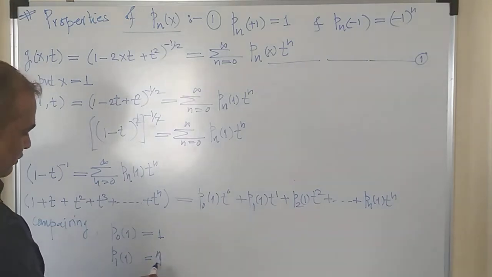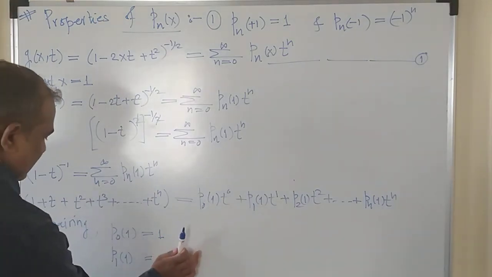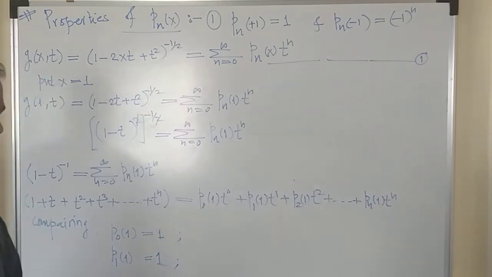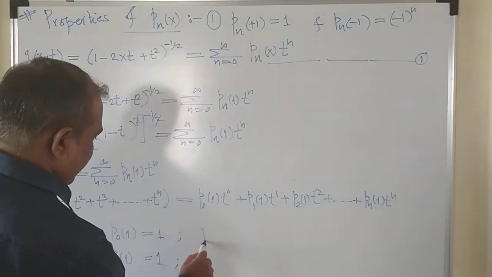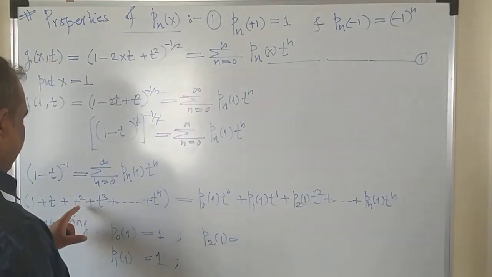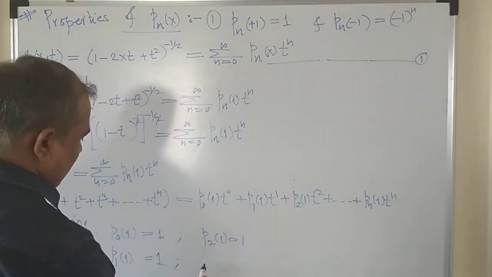This is equal to 1. Similarly, p2 of 1 is the coefficient of t square, and the t square coefficient is again 1.